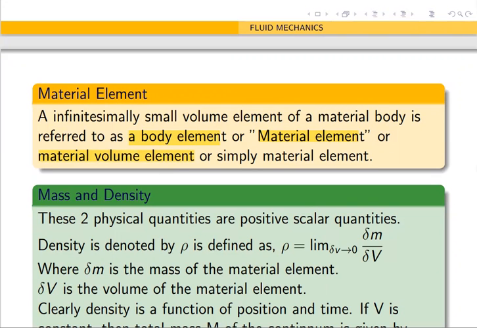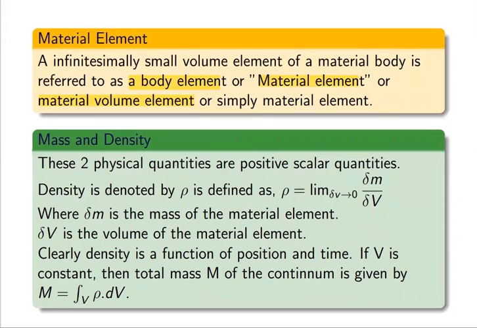Now let us see what mass and density are, and how they are related. These two physical quantities are positive scalar quantities. Density is denoted by rho and is defined as rho equals the limit of delta m by delta v as delta v goes to 0, where delta m is the mass of the material element and delta v is the volume of the material element.